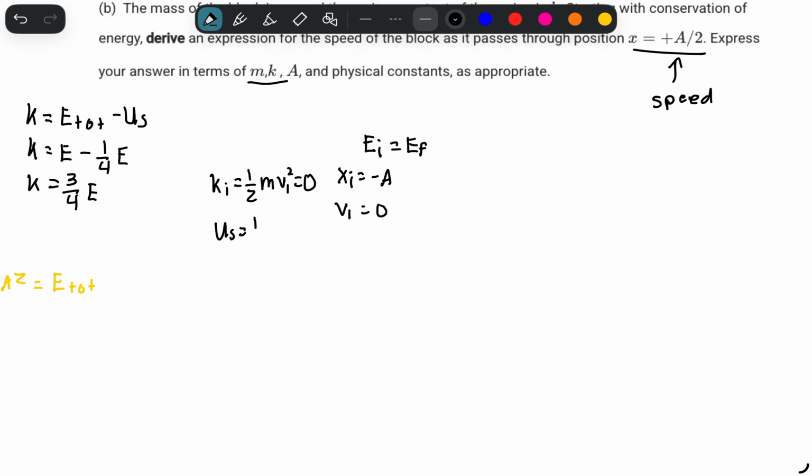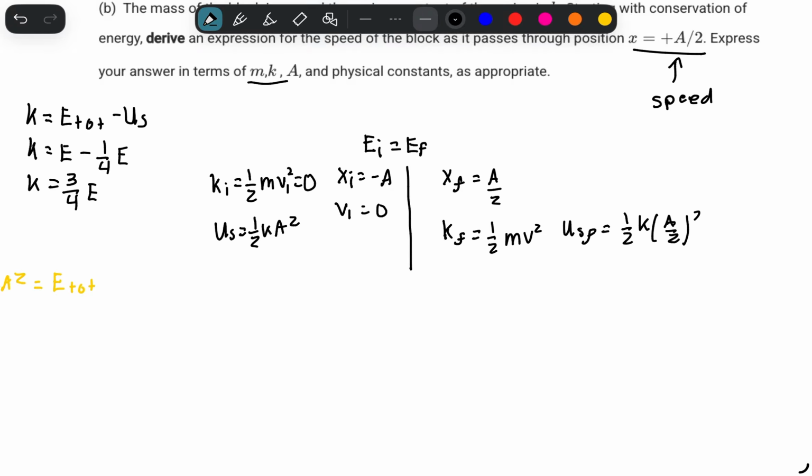Initial spring energy is 1/2 k amplitude squared. And our final position is amplitude divided by 2. Kf is 1/2 mv squared, and USf is 1/2 k (a over 2) squared.